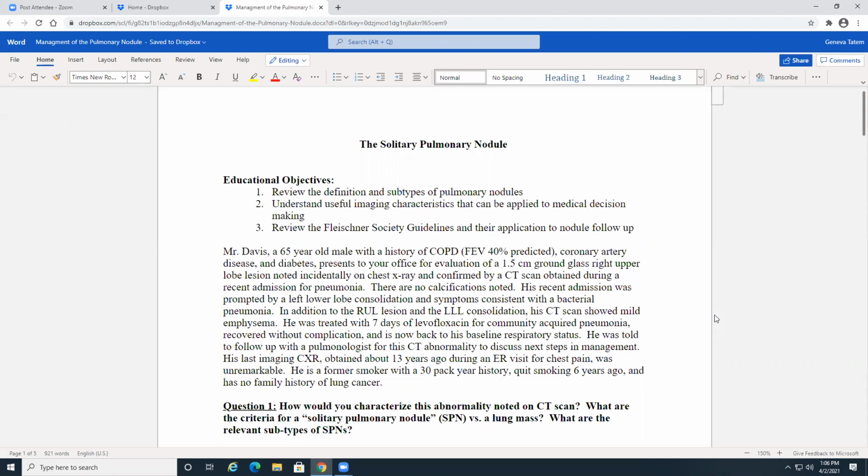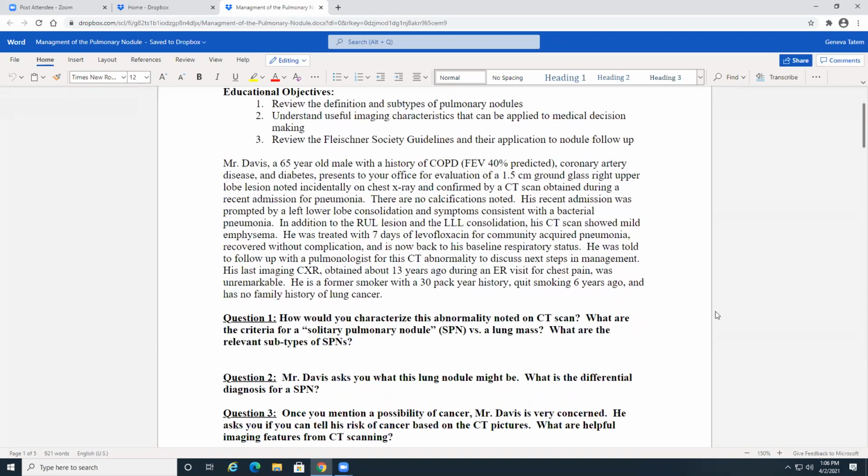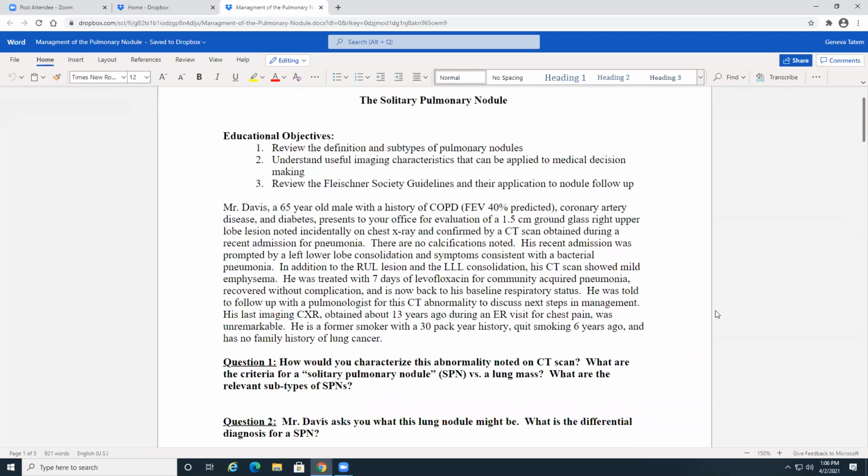So this is from what we know, this is sort of a subsolid, because it's ground glass, solitary pulmonary nodule. All right. So he asks you what this nodule may be, and more importantly, what's the differential diagnosis for a solitary pulmonary nodule?